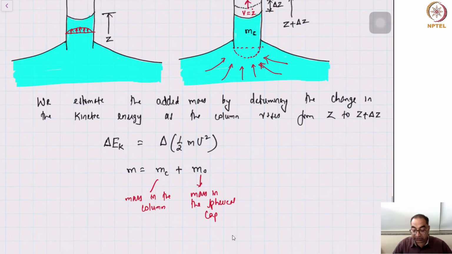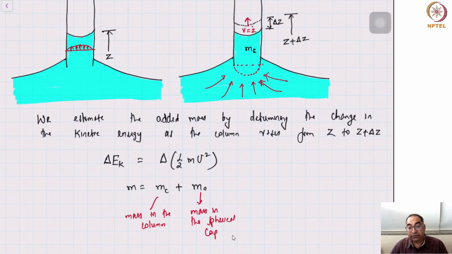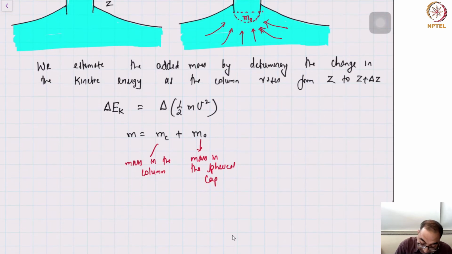We will look at the schematic to the right. When the fluid is rising, it is generating kinetic energy in the fluid. So this is m_0, the mass in the spherical cap. And then finally, we have m_infinity, the mass in the container.